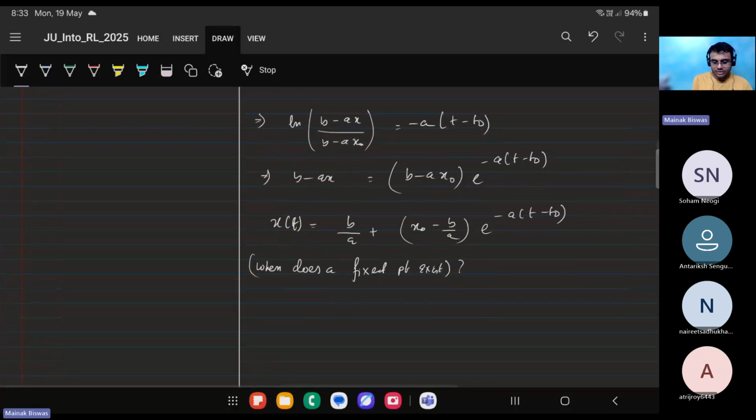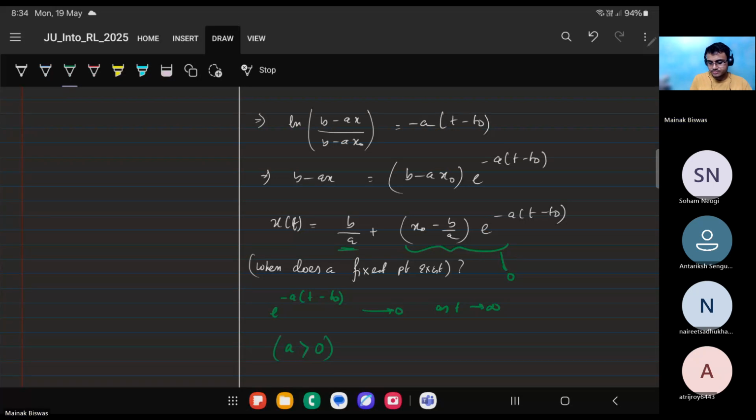So if the fixed point has to exist, this has to go to zero, right? Because it's an exponential term and this is the constant term. So e to the power minus A(t minus t naught) must go to zero as t tends to infinity. Yes or no? So A has to be greater than zero.